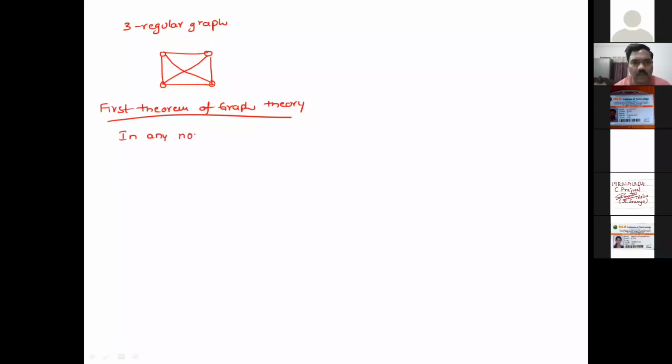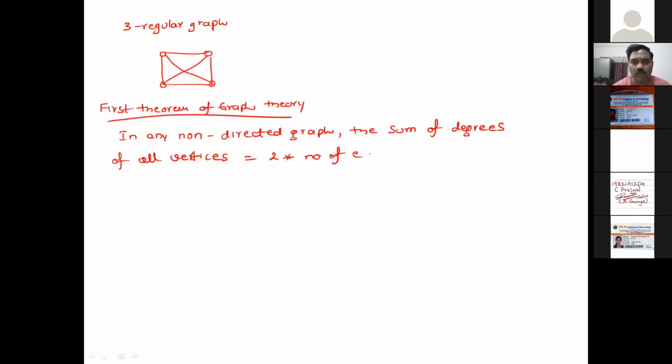In any non-directed graph, the sum of degrees of all vertices is equal to 2 into the number of edges.